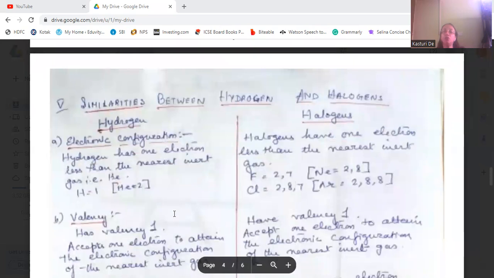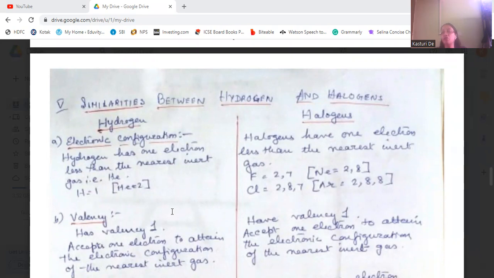Now, let's see the similarities between hydrogen and halogens. Electronic configuration: hydrogen has one electron less than the nearest inert gas, which is helium. Helium has two electrons and hydrogen has one in its valence shell, so it is one short of the nearest inert gas.